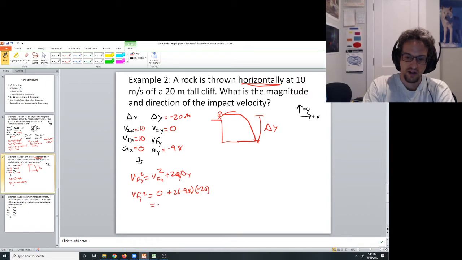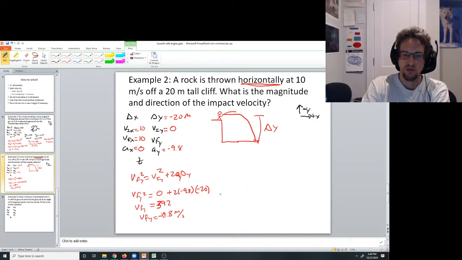When I do that, that's just equal to 392. And v final y is equal to negative 19.8. Okay, it's got to be negative again because it's down.